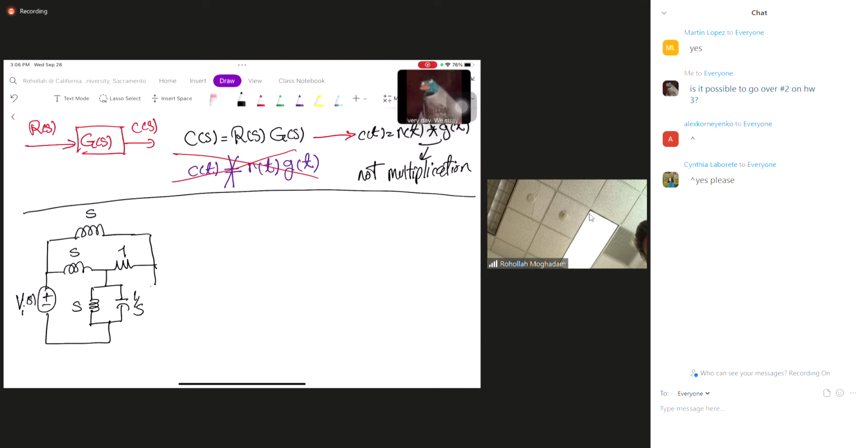Then we'll have a capacitor 1 over s, and this is plus minus capital V(s), right? Is that correct?